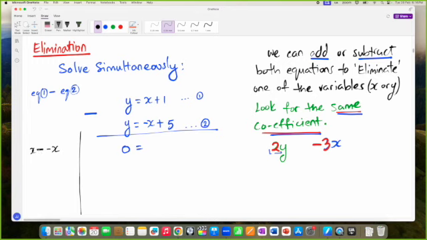And we all know x minus minus x is x plus x, which is 2x. So the x's give me 2x. And on this side, I'll have 1 minus plus 5, which is just 1 minus 5, which is minus 4. When the signs are different, you find the difference and keep the sign of the larger number.